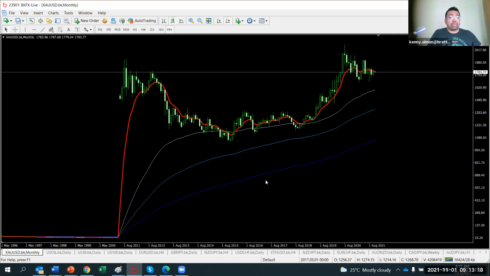Also, an ECN type, or they call it pure STP, straight through processing type account, would actually be more favorable to you as a trader. So you do need to actually pick the right broker for that.